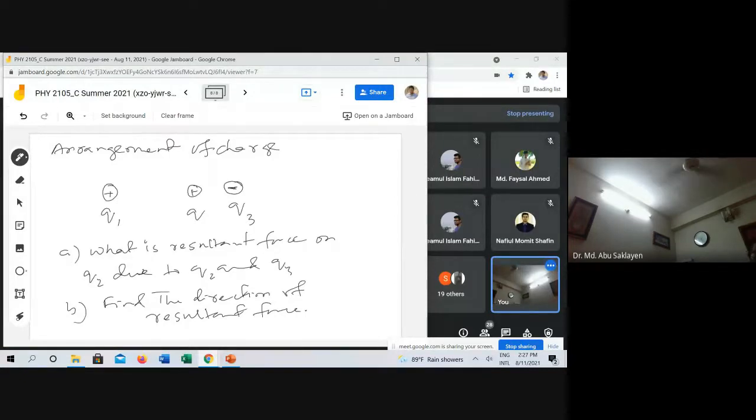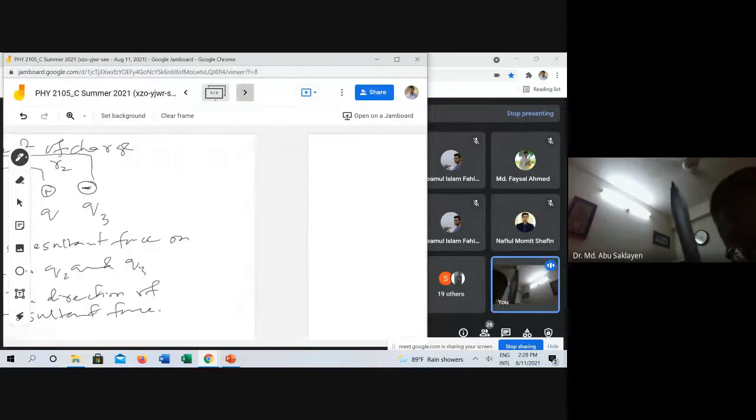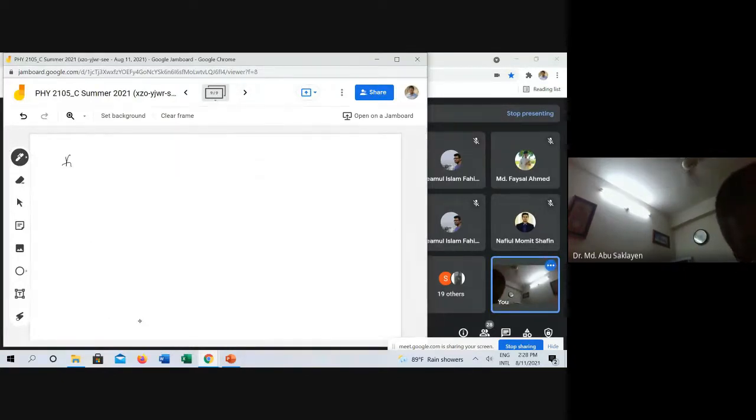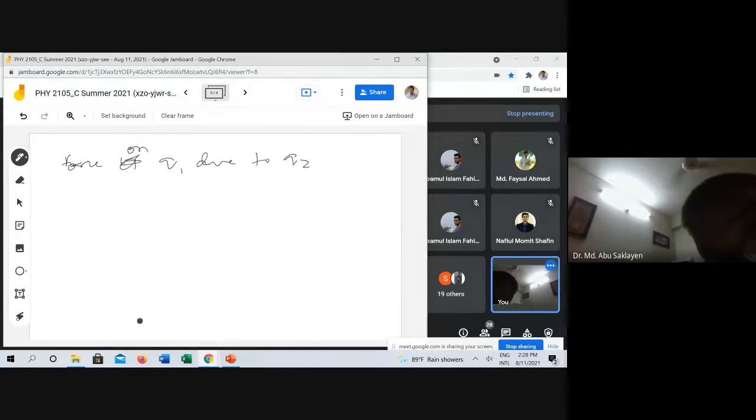How do you get it? So at first you have to calculate. This is, suppose, R1 and this is, suppose, R2 distance. So at first you have to calculate the force on Q1 due to Q2. This is F1, equal to K Q1 Q2 divided by R square.